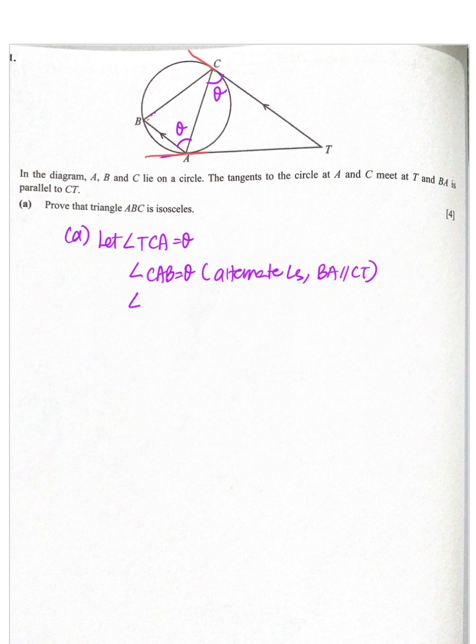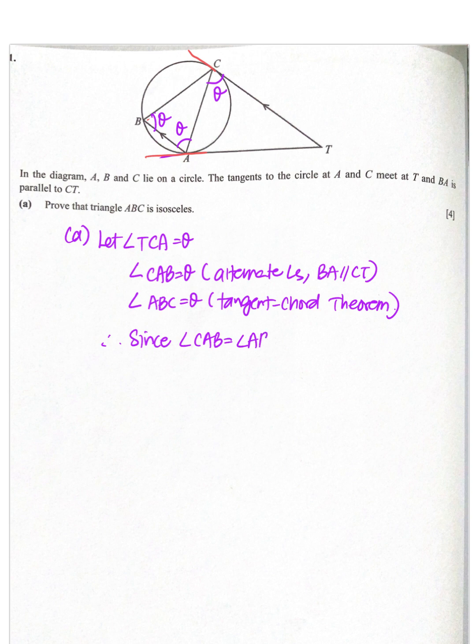And then angle ABC is also equal to theta, by the tangent chord theorem. So therefore, since angle CAB is equal to angle ABC, which is equal to theta, triangle ABC is isosceles.